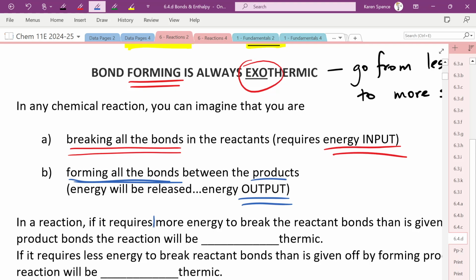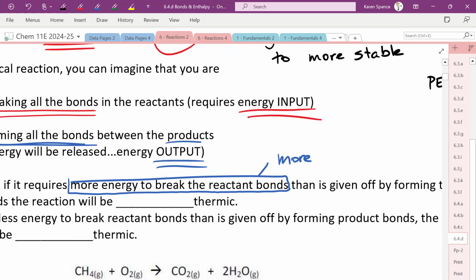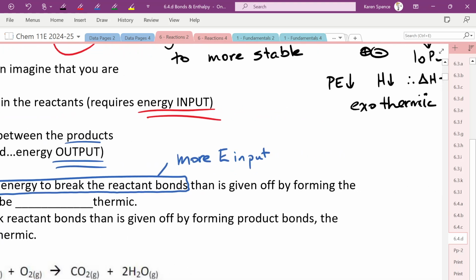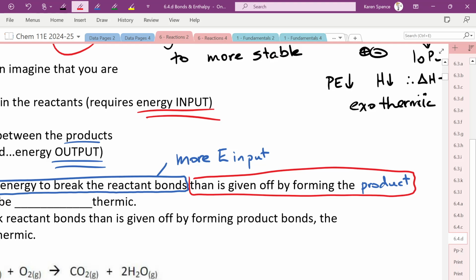In a reaction, if we need more energy to break the reactants' bonds than is given off by the products' bonds, so this is more energy input, and this is less energy output, would that be an endothermic reaction or an exothermic reaction? That's going to be endothermic.